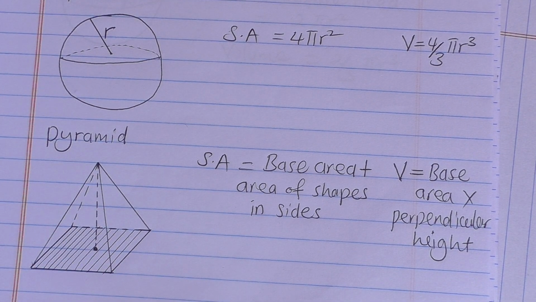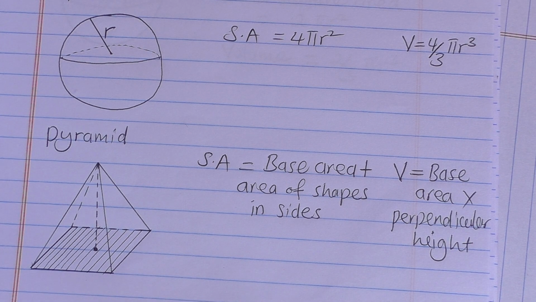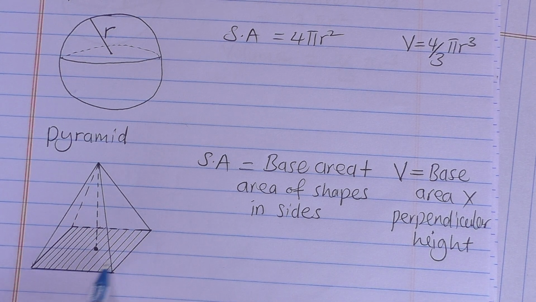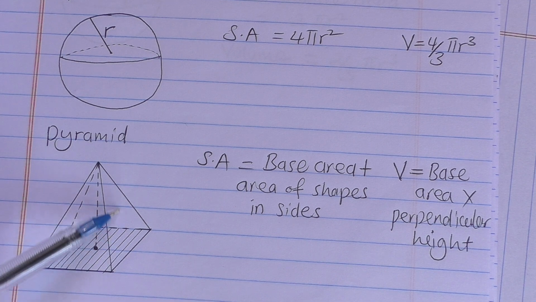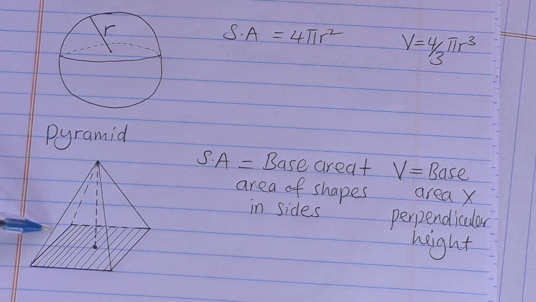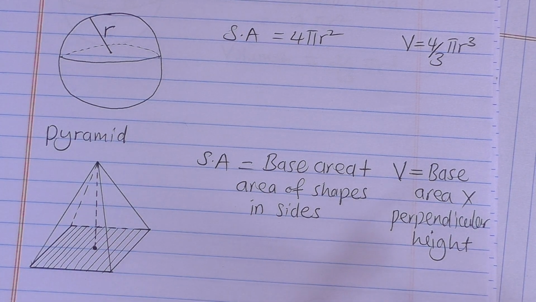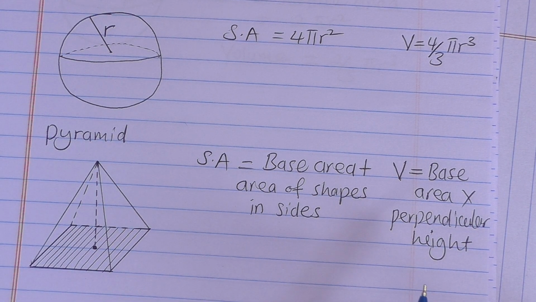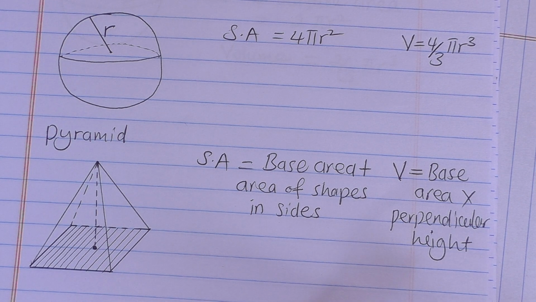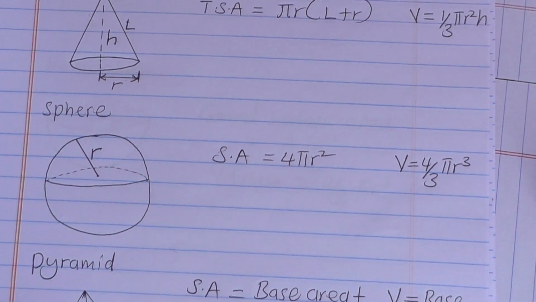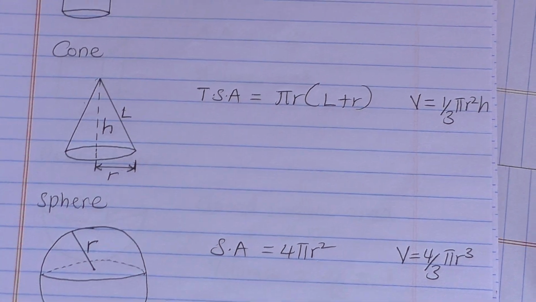That's how we get the total surface area of a pyramid. Then we have its volume. The volume is given by the base area times the perpendicular height of the pyramid. So that is for the volume and the surface area.